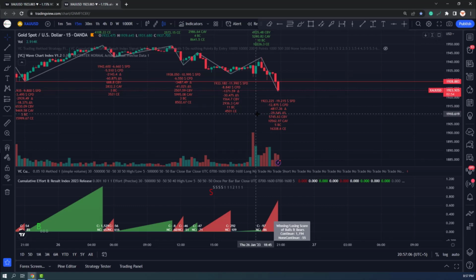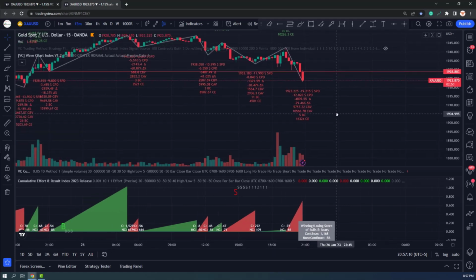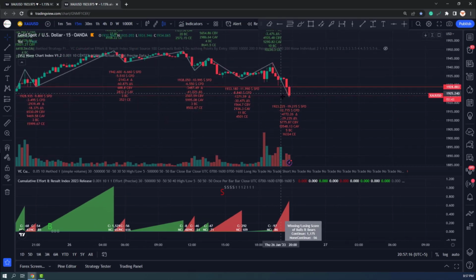It can also give you an idea of the effort that is consumed in that wave, the result of that wave, the difference of buyers and sellers of that wave. Yeah, the demand and supply that is consumed on that particular wave.